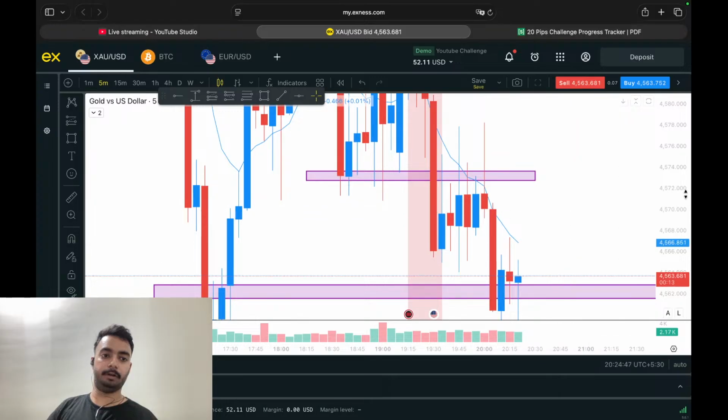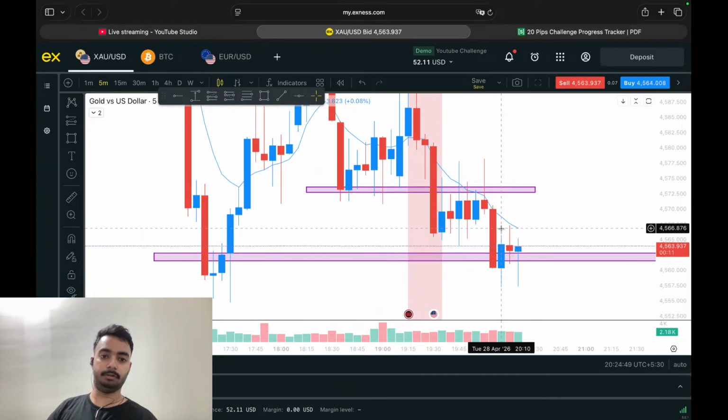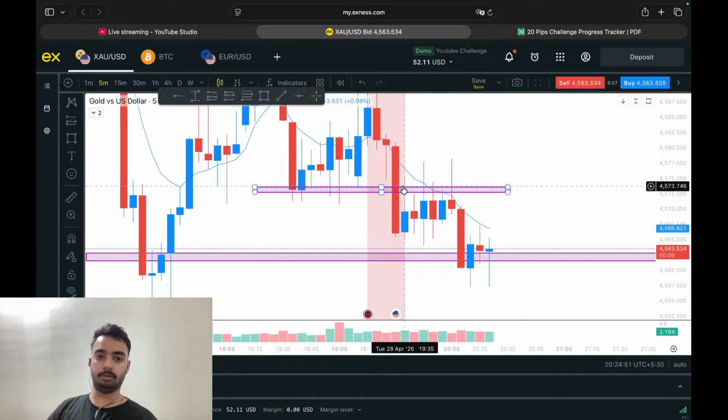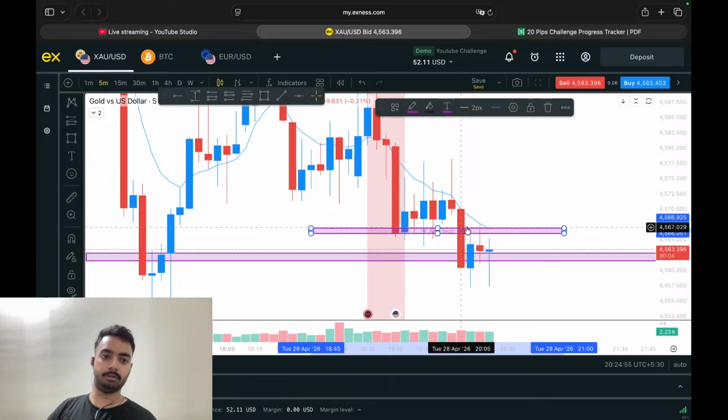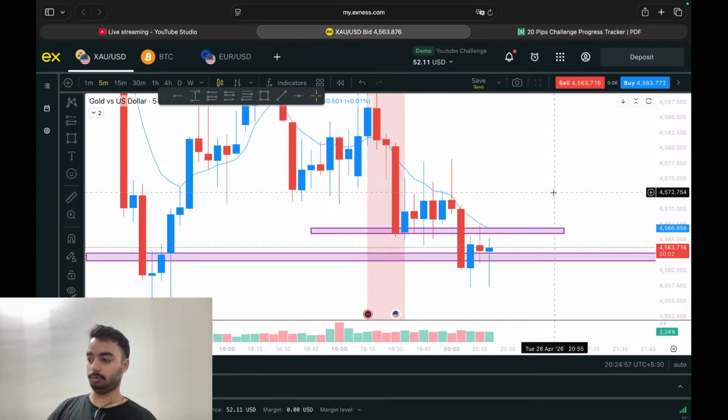And if it retraces back to this zone, we'll get a good risk to reward.